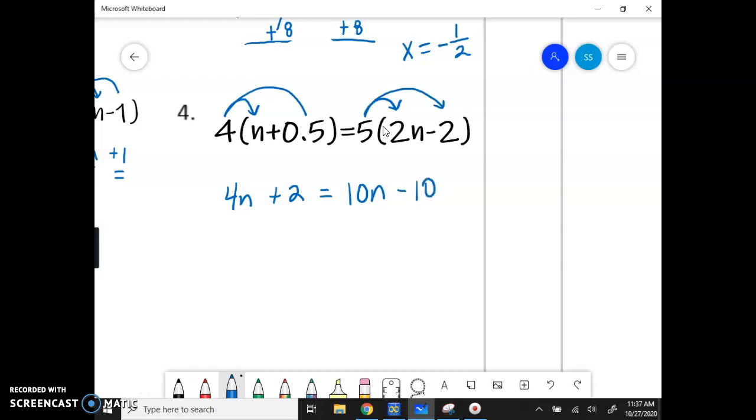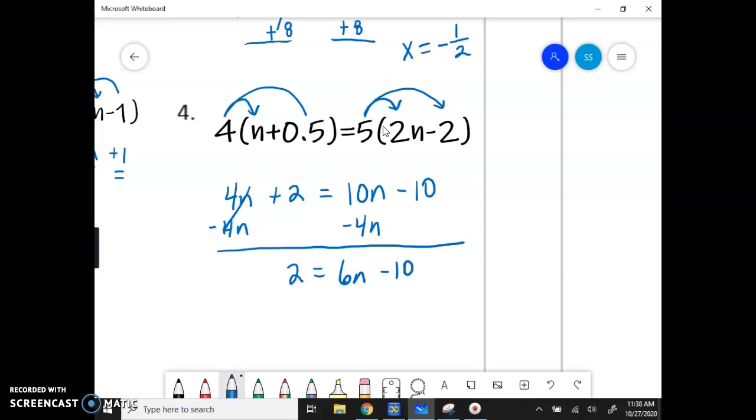Alright, so now I'm going to go ahead and get the variables on one side. I'm going to choose to eliminate the smaller of the two coefficients. So I'm going to subtract this 4n, subtract this 4n over here as well. And I'm left with 2 is equal to 10n's minus 4n's, that's 6n. And just drop down this negative 10.